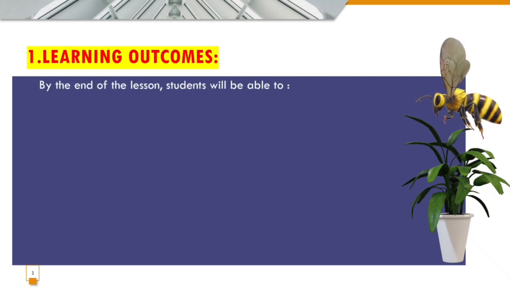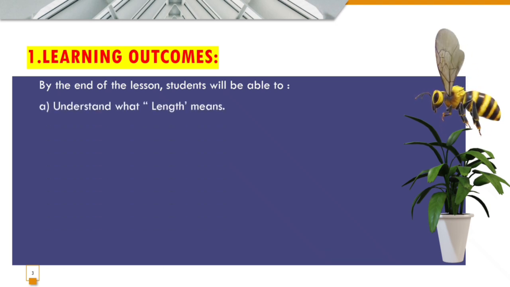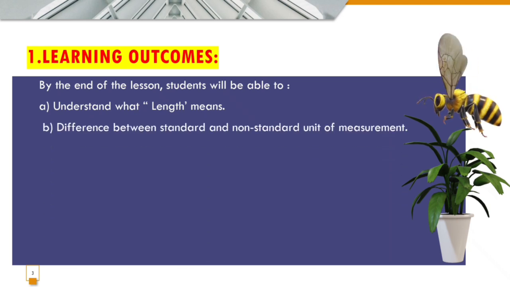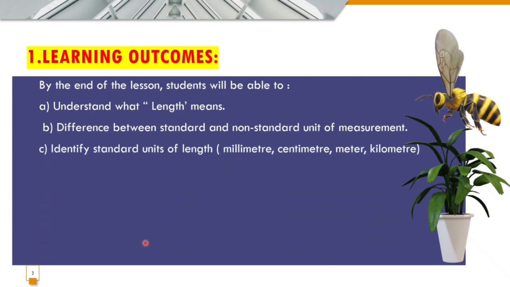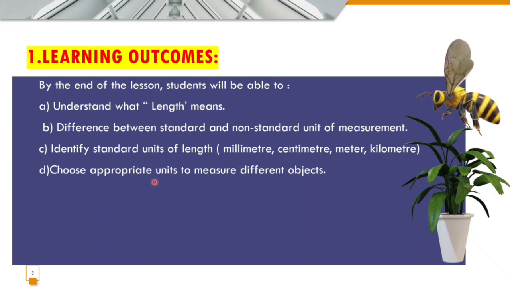By the end of this lesson or this session, students will be able to understand what length means, difference between standard and non-standard unit of measurement, identify standard units of length like millimeter, centimeter, meter, kilometer, choose appropriate units to measure different objects like meter for what objects, centimeter for smaller objects, millimeter for very small objects.